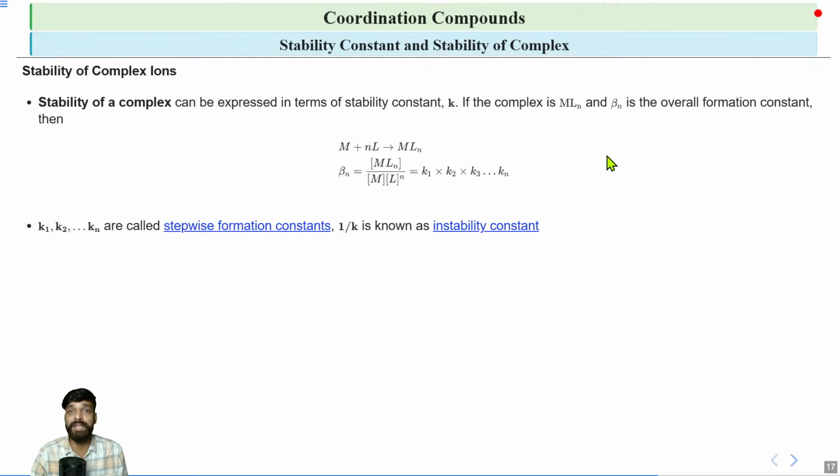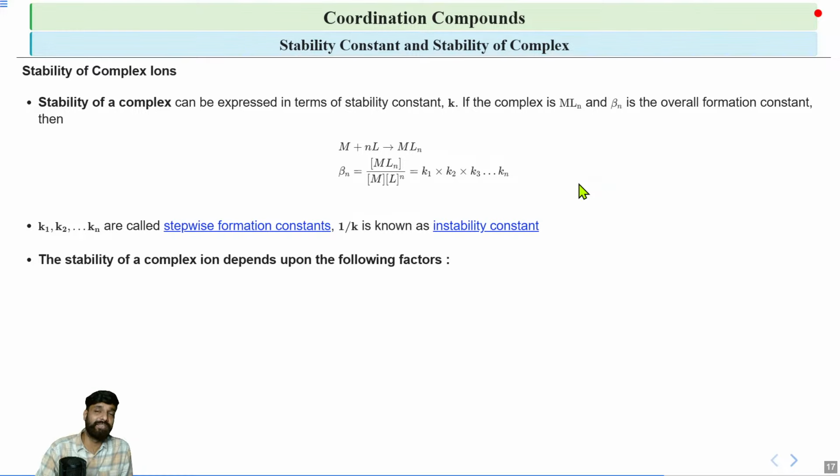Then ML plus L gives ML2, which is K2. Then ML2 plus L gives ML3. Similarly, you can go on to ML6 for octahedral and ML4 for tetrahedral. If you multiply the stepwise constants together, you get the overall stability constant. And the reverse of it, 1 by beta n, is known as the instability constant.